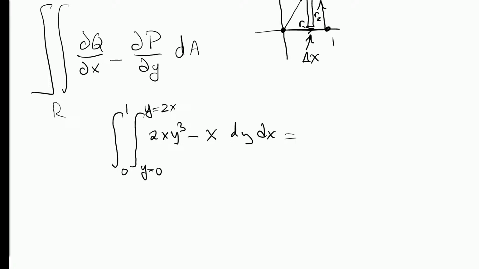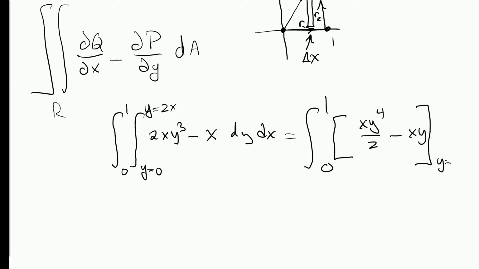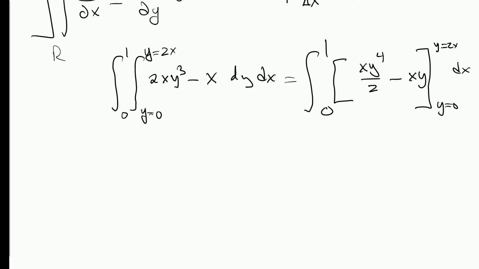So let's see if we can pound through this in the next minute, which I think we can. So this is going to be xy to the 4th over 2 minus xy, evaluated from y equals 0 to y equals 2x. So the integral from 0 to 1 of, let's see, 2x to the 4th is 16x to the 4th, so this will be 8x to the 5th minus, what's that going to be, 2x squared?